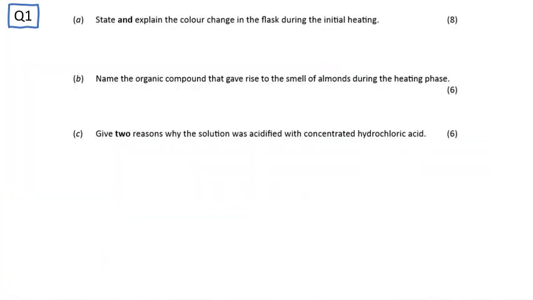Question 1. State and explain the color change in the flask during the initial heating. So they're not asking me to describe all of the color changes here, but we can go through that just for clarity. So my initial color is going to be purple, and this is due to the KMnO4.